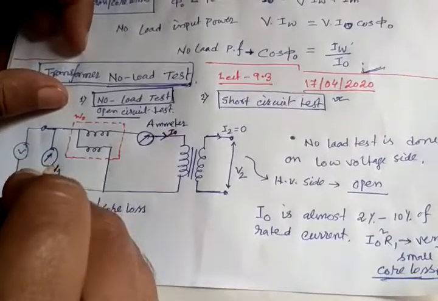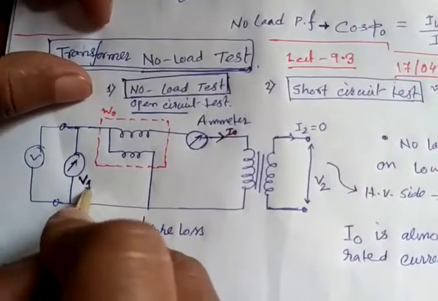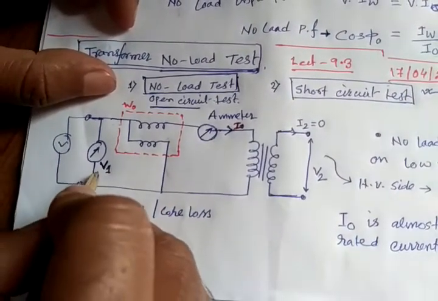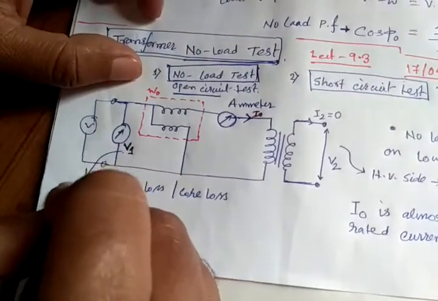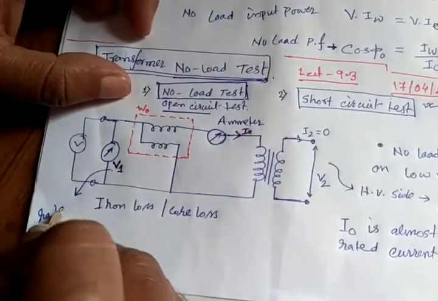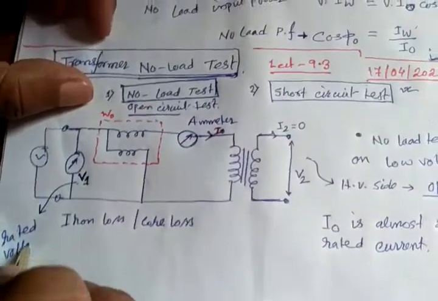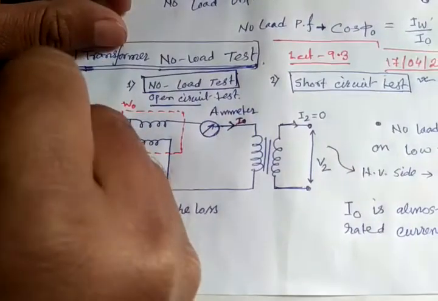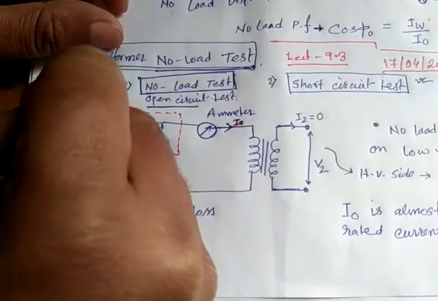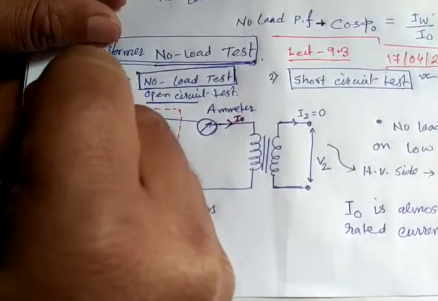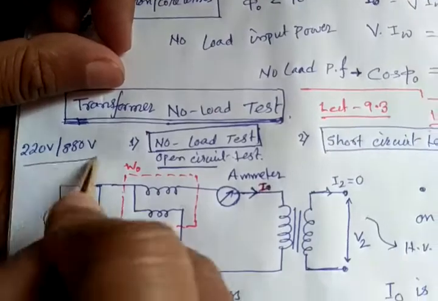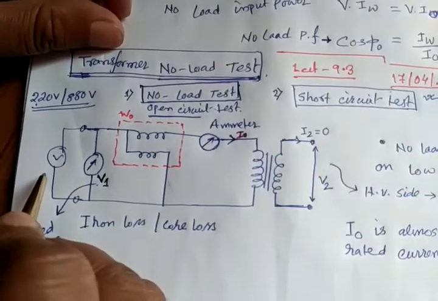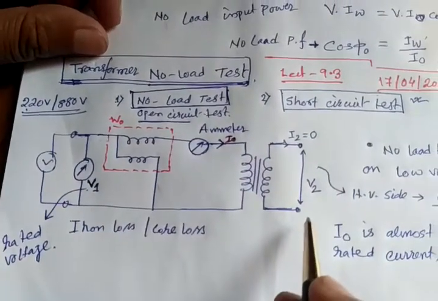Also remember, this voltage V1 is the rated voltage. This is not any small voltage. So what is rated voltage? Suppose this transformer is 220 volt by 880 volt. That means the primary side is given 220 volt and the secondary is kept open.